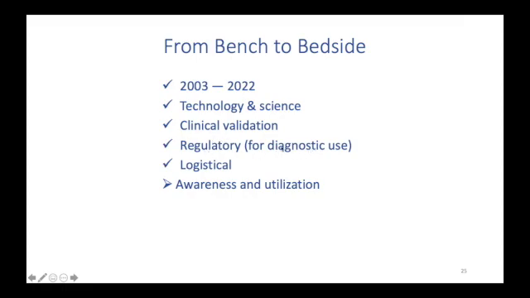Diagnostic use means that you're going to base medical decisions on the results of the test, and that's different than screening. You'll see a lot of AI applications where people just want to analyze every single scan you've got and identify people at high risk for a certain disease. I call that case finding. That's not diagnostic use. You can't use those measurements to treat patients. You have to have a more formal diagnostic test for treatment.